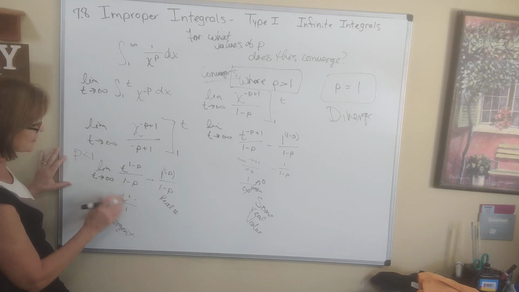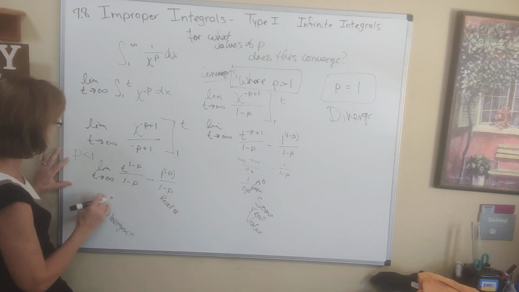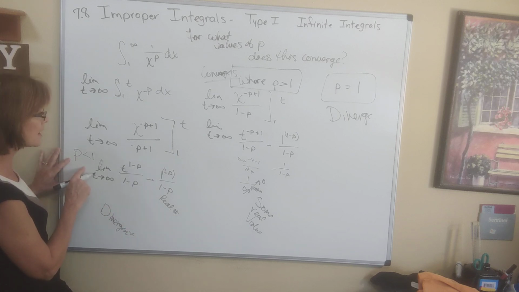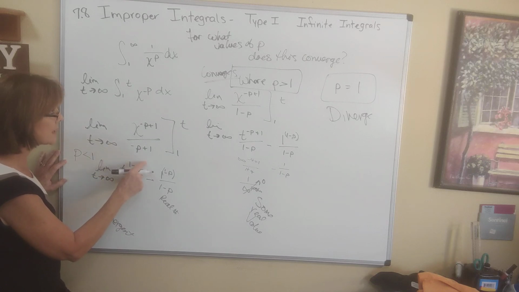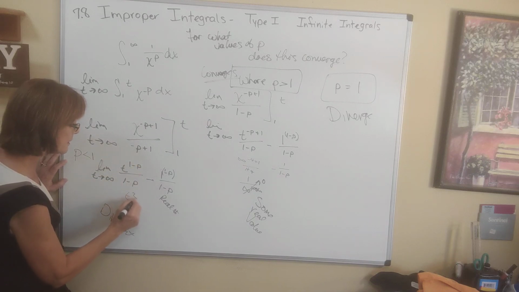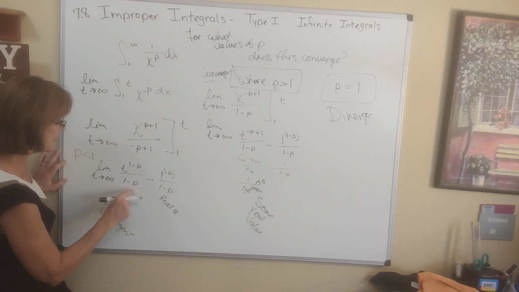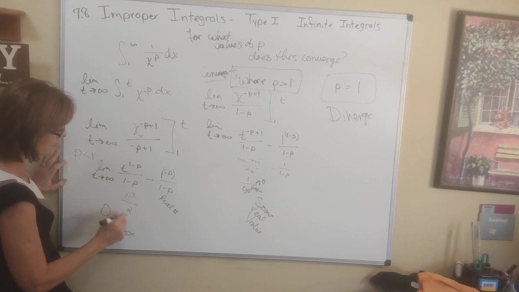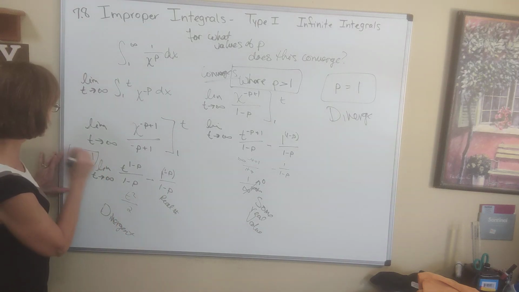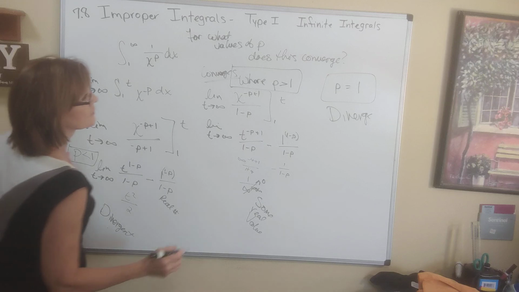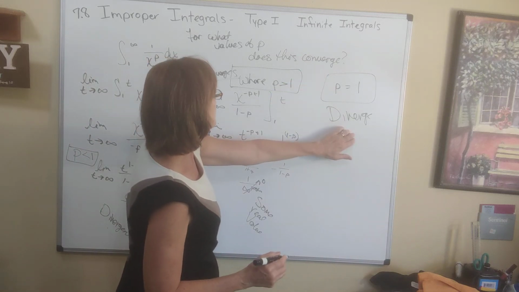If you want to pick something besides 0 just to test it out, that's fine. Let's pick negative 1. T to the 1 minus negative 1 would be t squared over 1 minus negative 1, which is over 2. This is going to be infinity divided by 2, which is still divergent. So we find that for p less than 1, it diverges, and for p equal to 1, it diverges.